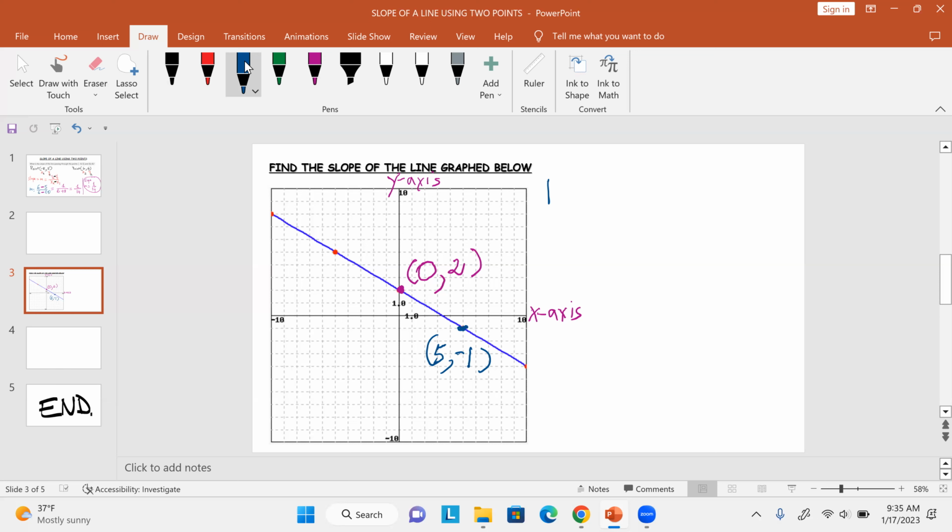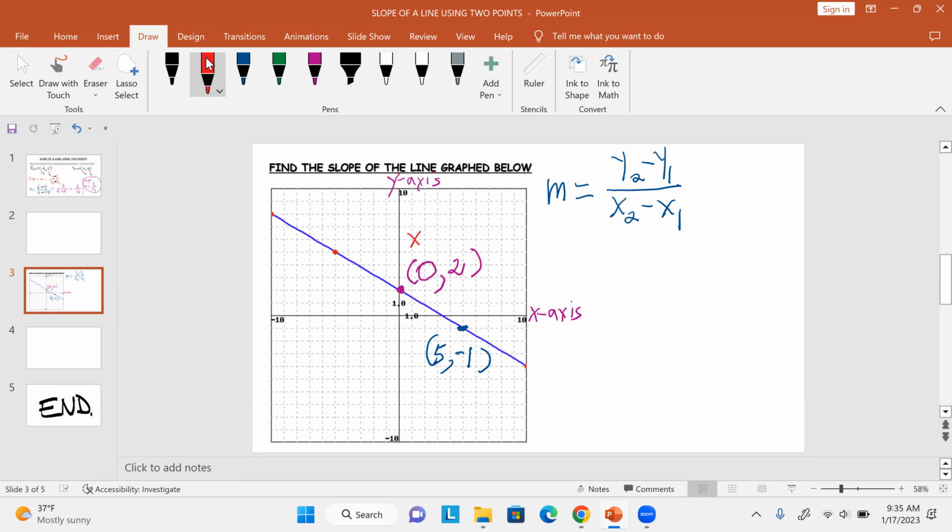And the formula again is m is equal to y2 minus y1 divided by x2 minus x1. We're going to label the points. And again, we are free to choose any point here as our first point or second point.